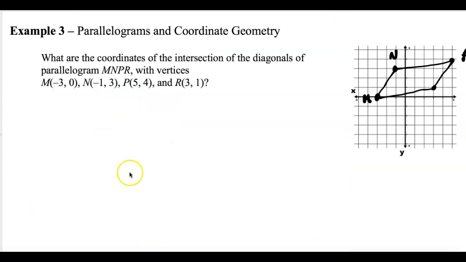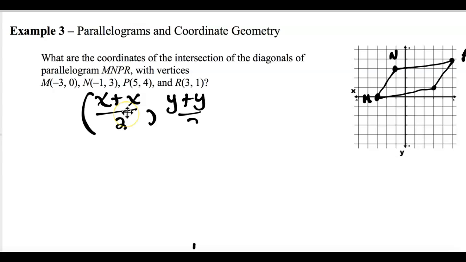Alright, these last two, I'm going to just let you take a minute and fill in those points, and then we'll walk through this. So remember when we were talking about midpoints before, we take our x values and add them and then divide by 2. We do the same thing with our y values and we divide by 2. So we're only going to need to take 2.